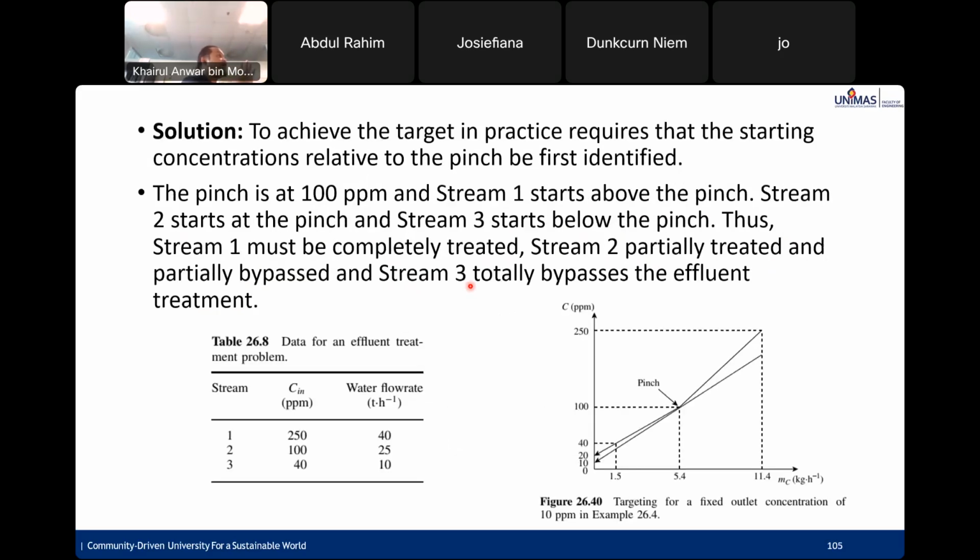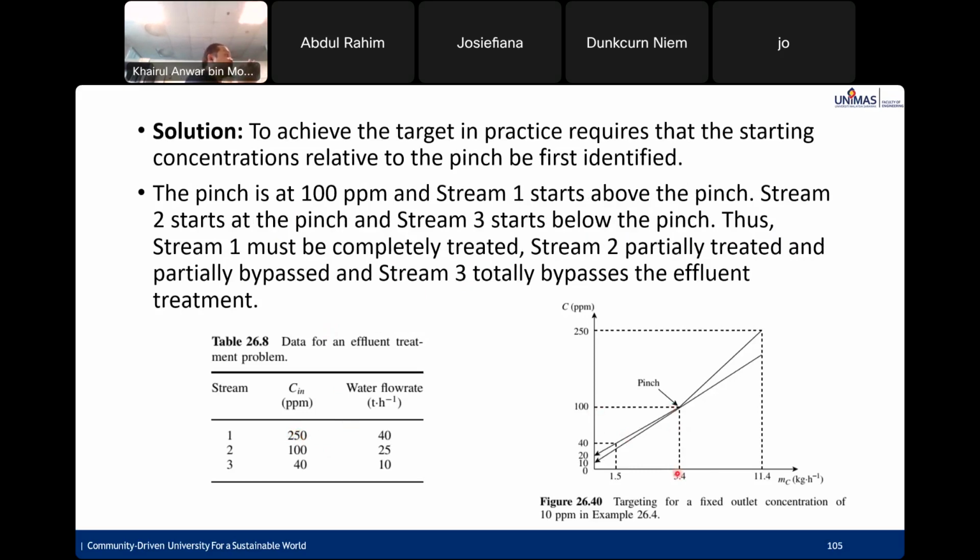To achieve the target in practice, we require that the starting concentration relative to the pinch be first identified. The pinch is at 100 ppm, and stream 1 starts above the pinch. How do you know? Because of the concentration. The pinch here is at 100 ppm.